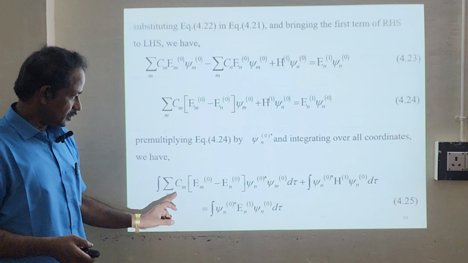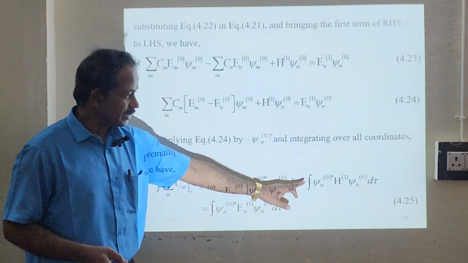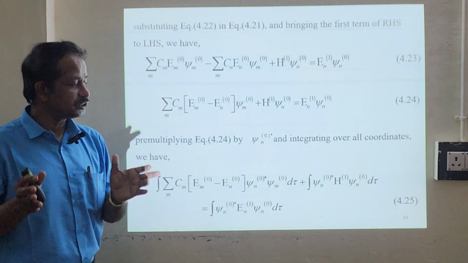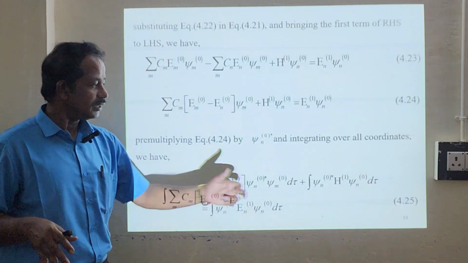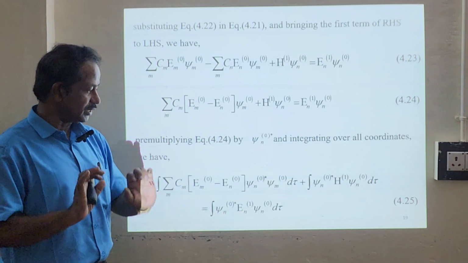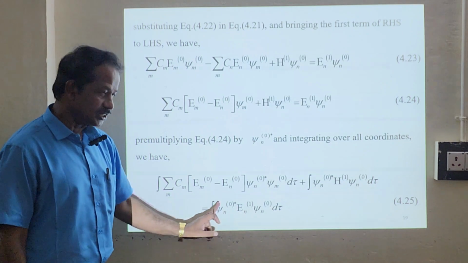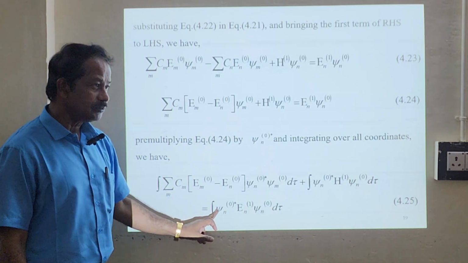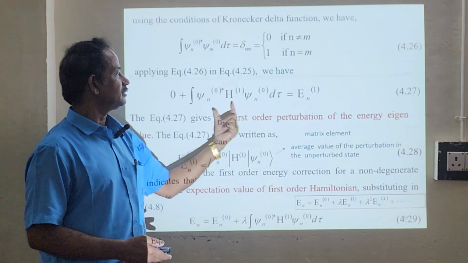The first term, they are different, so this will become 0. Second term as it is, the H1 sandwiched between your ordinary complex wave function and its complex conjugate. Let it be like this. And the term on the right hand side, you just pull En out. So you will have psi n star psi n d tau, which is equal to 1. So you will have the answer exactly like this.